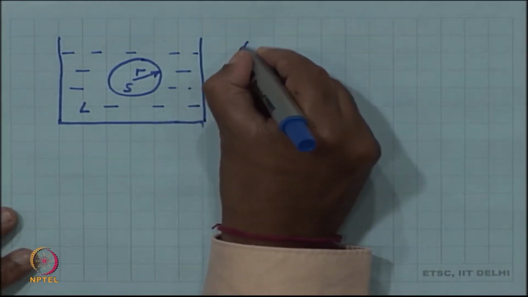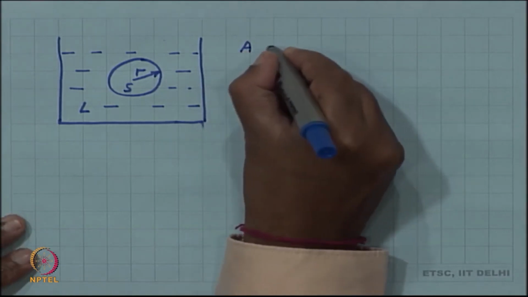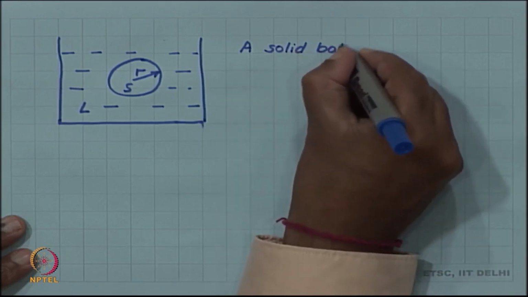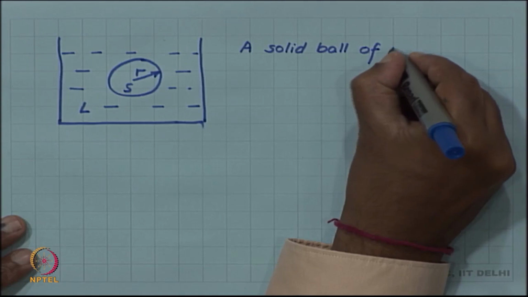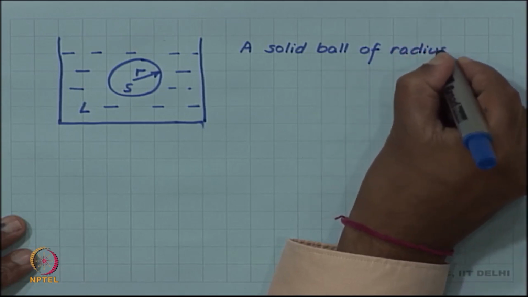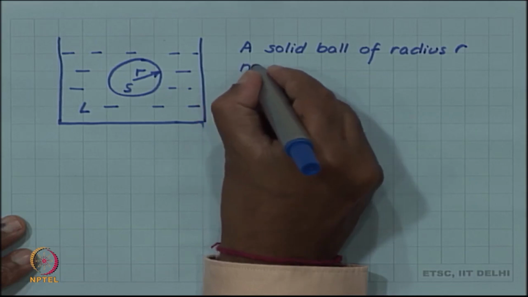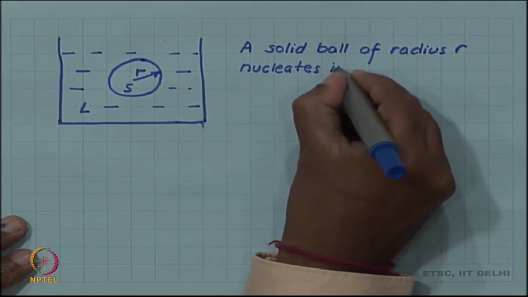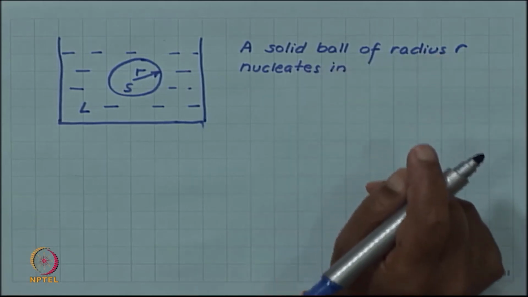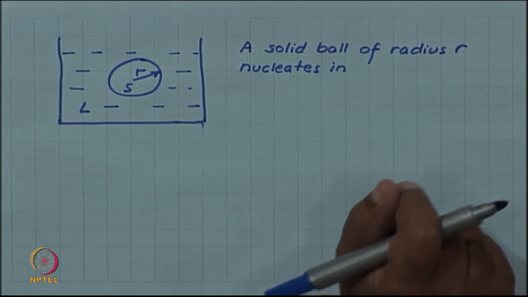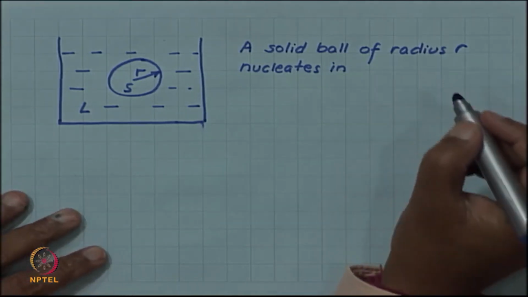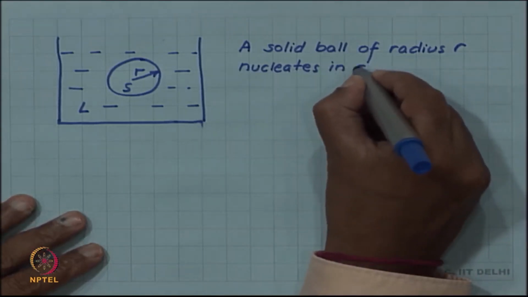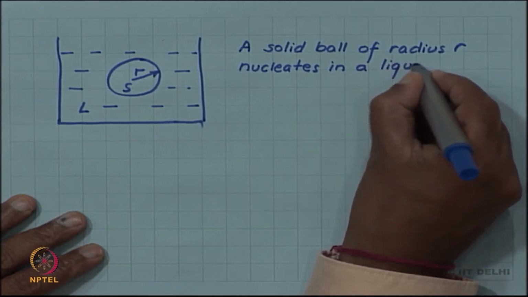So, this is our model nucleus. So, a solid ball of radius r nucleates in a liquid.